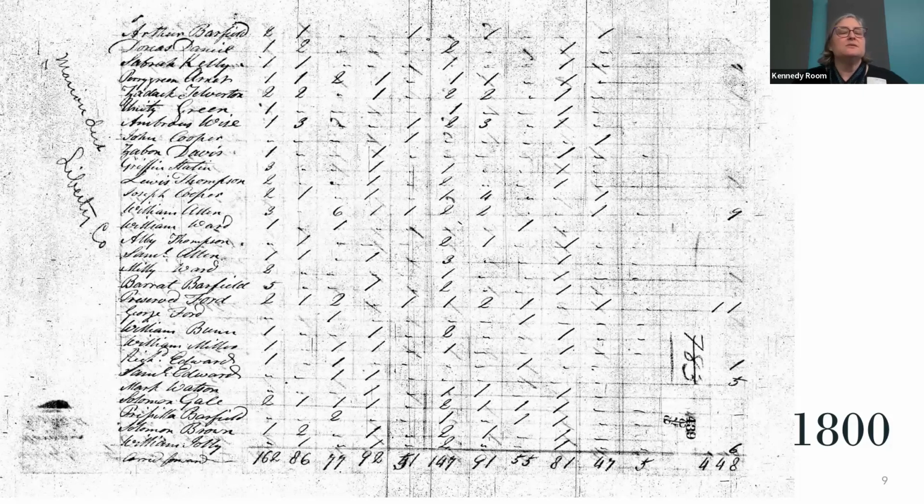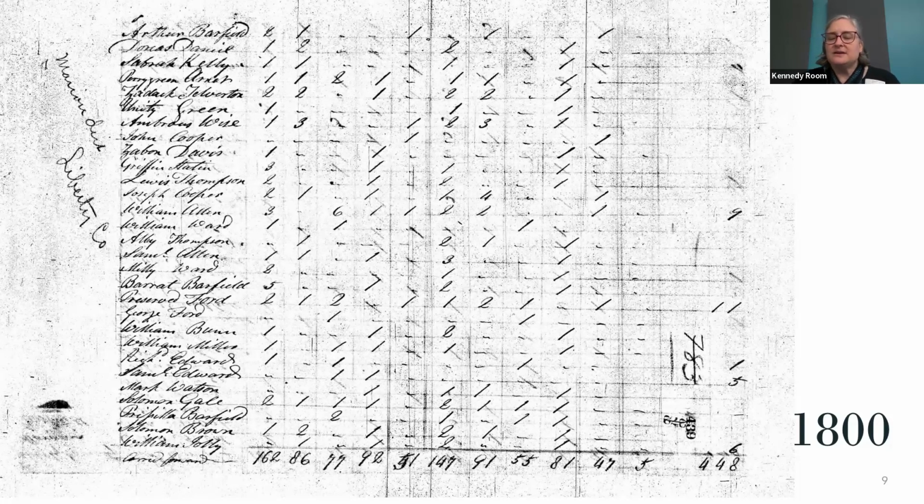So in this, William Allen, presumably my William Allen, had three free white males under 10, 6 between 16 and 25, 1 free white male between 26 and 44, and 1 over 45.